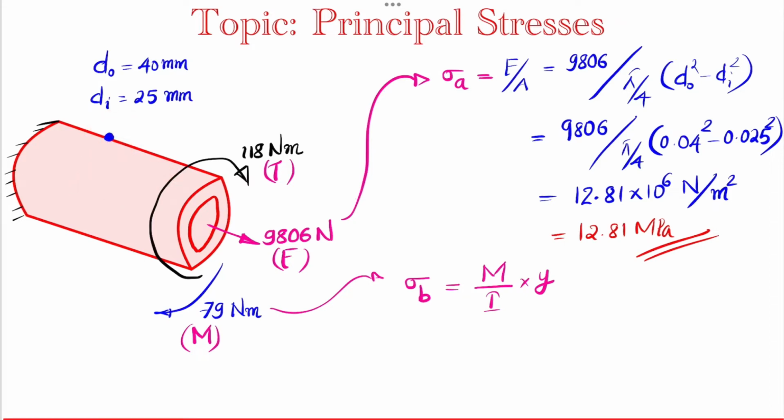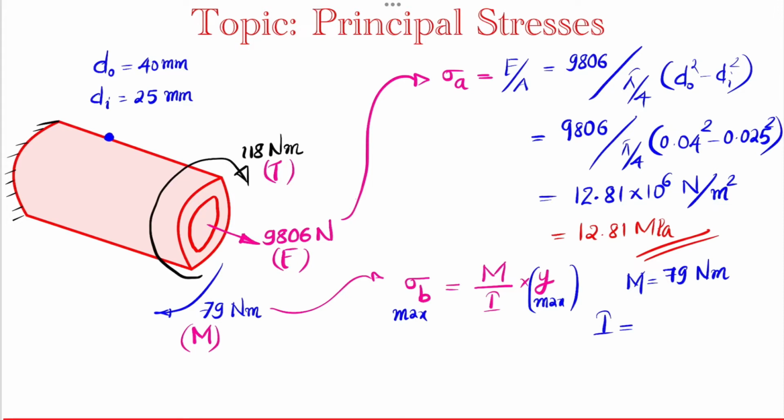So for finding that, y has to be max, then only we will be getting the maximum value of this bending stress. In that case we need to solve for it, and here the M value is given. The bending moment is equal to 79 Newton meters in SI units. I value we need to substitute or find.